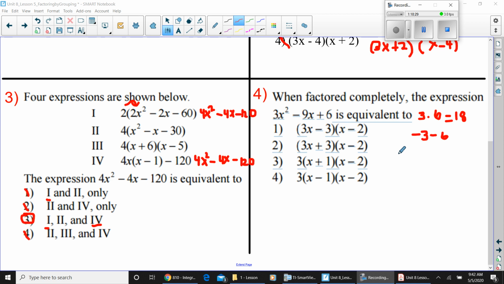So, nice and easy. You have 3x squared coming down, right? And then you minus the 3x. You put the factors of minus 3x and minus 6x. Yes, that equals negative 9x. And then plus 6.